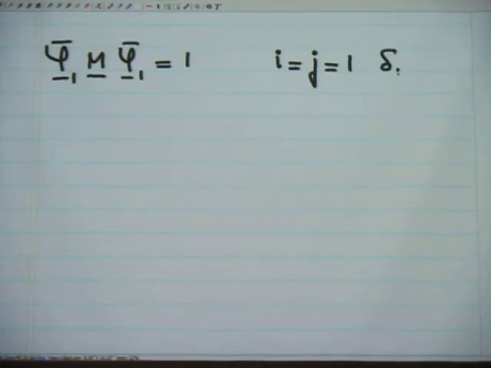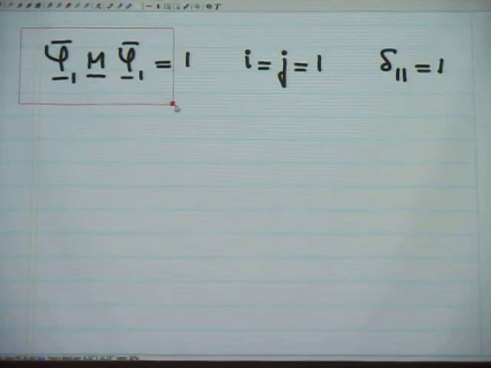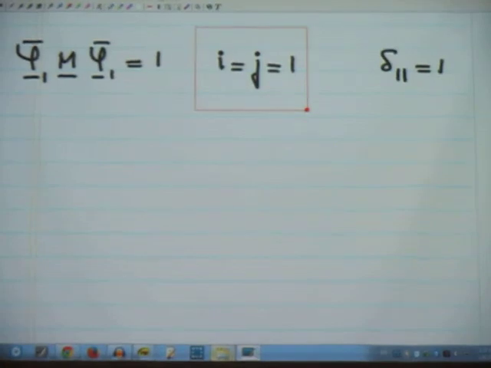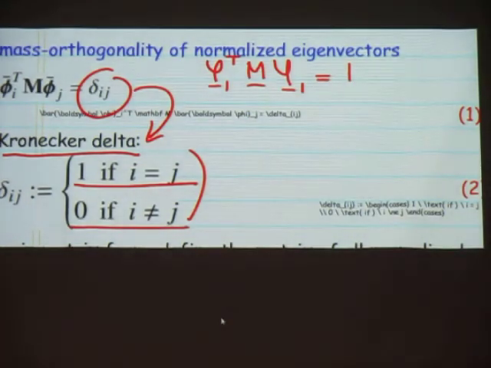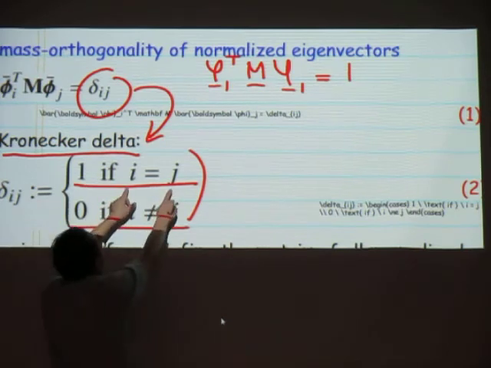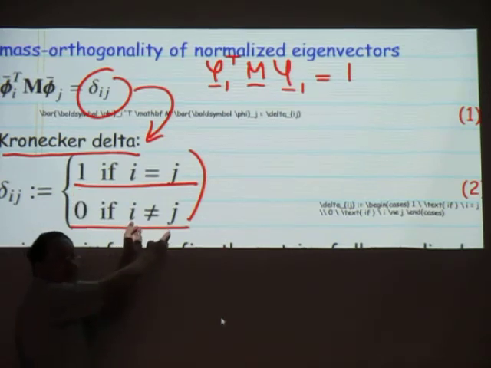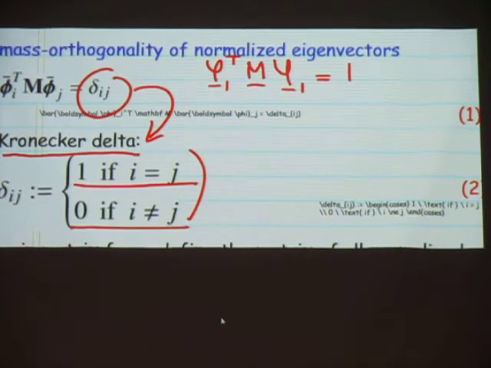So delta 11 is equal to 1, because the Kronecker delta is defined as equal to 1 when the two indices are the same. When the two indices are different, the value is 0. That's all it is, very simple, but it allows you to write in a compact form.